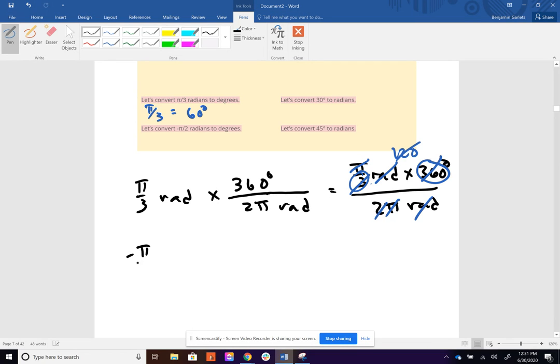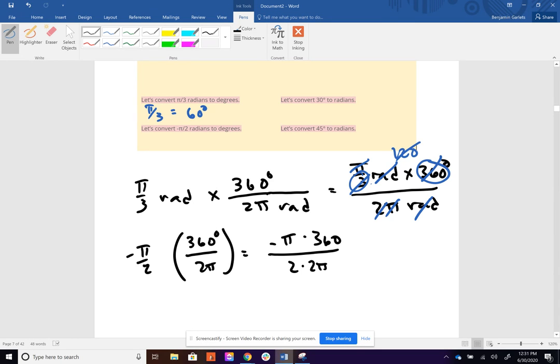I can do that same thing with any radian measure. So if I have negative pi over 2, I'm going to convert it and then simplify. Since these are fractions, you could go like this, over 2 times 2 pi, and then we could simplify from here. 360 divided by 2 is 180. 180 divided by 2 is 90.